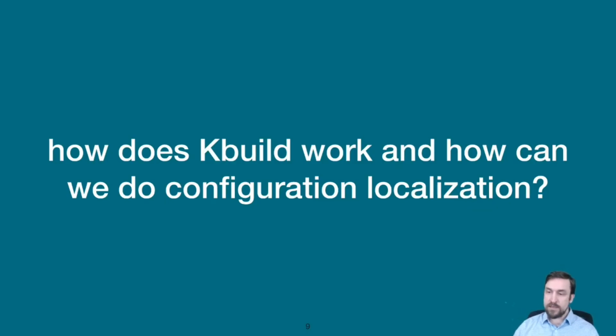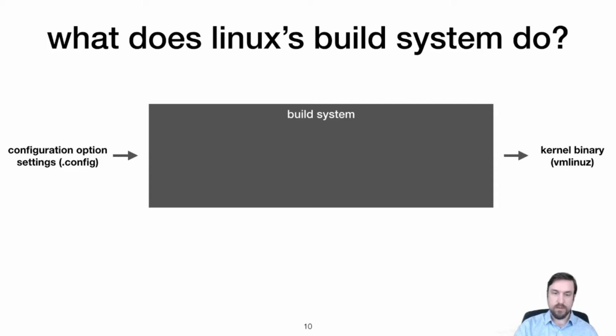Okay, so let's take a look at how the Kbuild system works, the Linux build system works, and what configuration localization really means in terms of the kernel build system. So at the bird's eye view, the Linux configuration system is basically a big program that takes in your .config file, which has all of the settings you want for your particular kernel, and it produces your kernel binary.